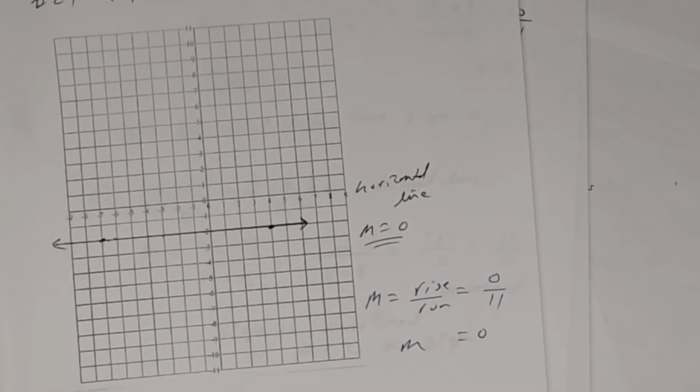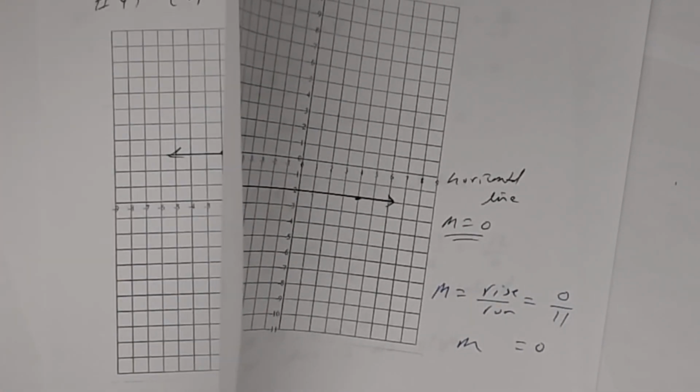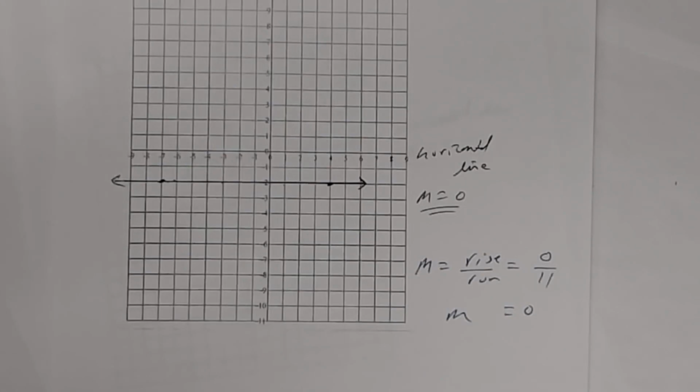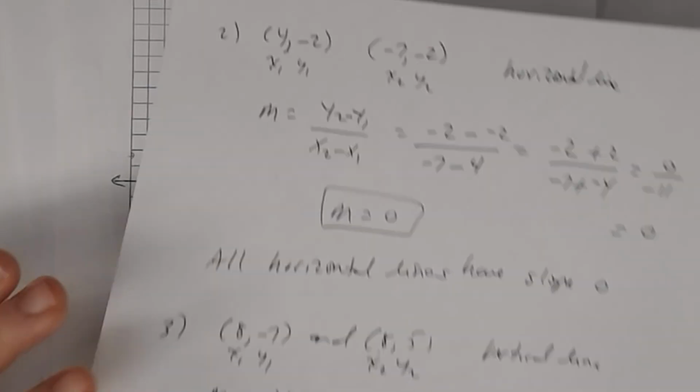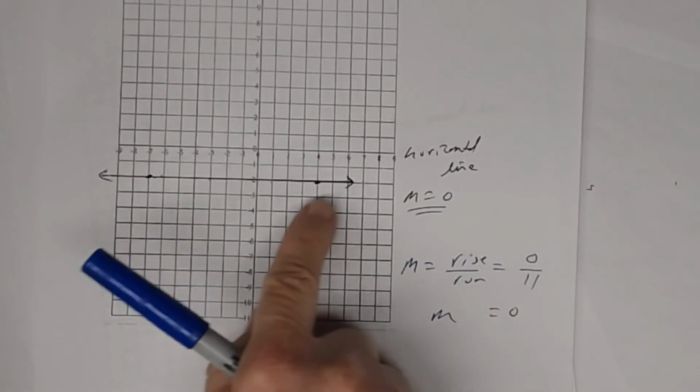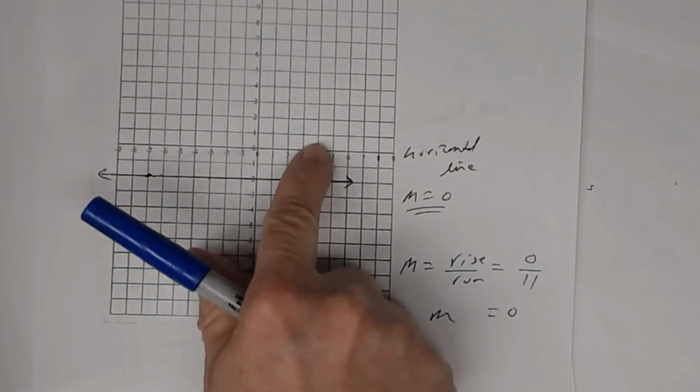And that corresponds to number 2, let me go back and find it just to show you our graph. Let's see, number 2. All right, I did not mean the graph, I meant this. So remember number 2, we had 0 over 11, right? In the graph, we did run, no rise.